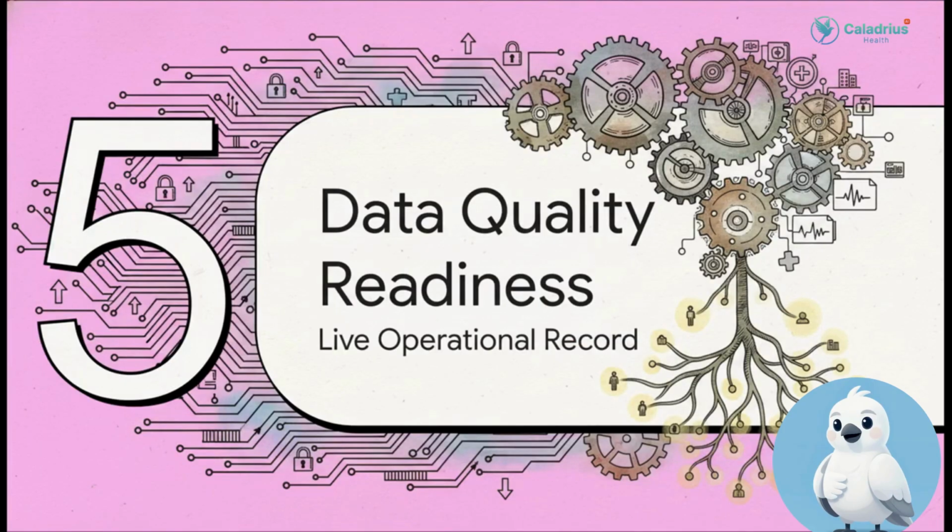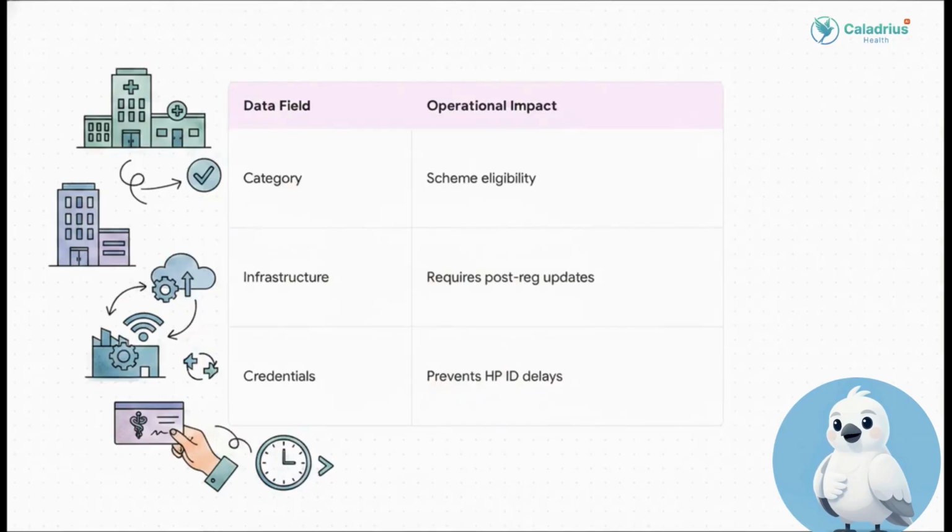Next up is Section 5, Data Quality and Operational Readiness. Because of how integrated these systems are, it's super important to treat registry enrollment as a live operational record, rather than just a one-and-done checkbox. The really crucial point here is how data field accuracy directly supports smooth operations. Take the facility category field, for instance.